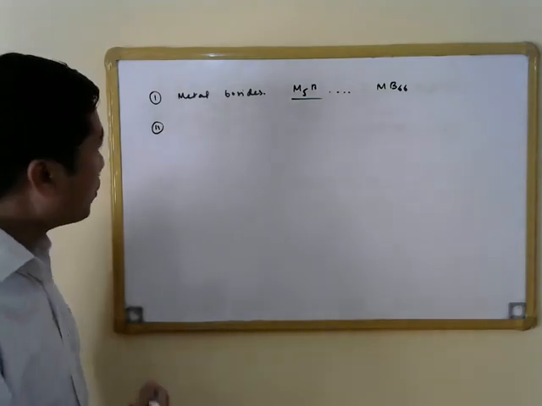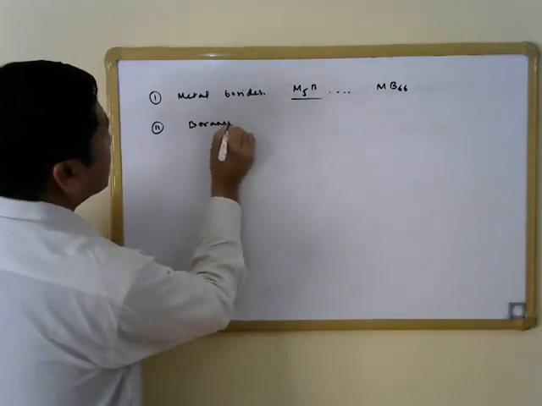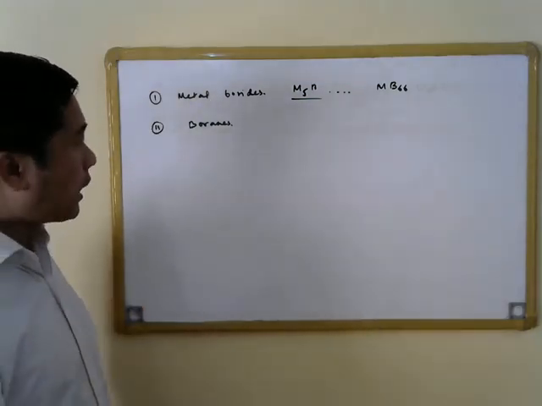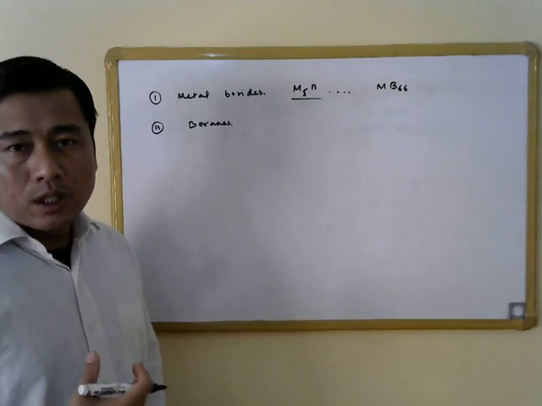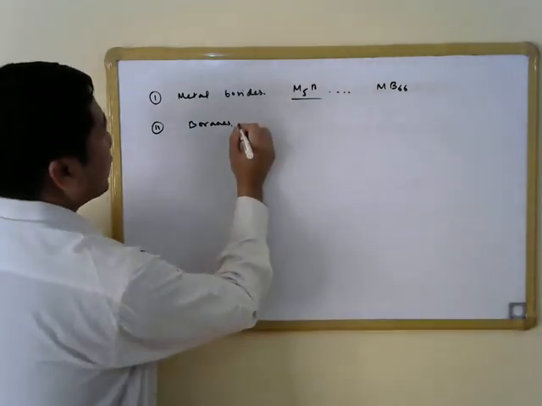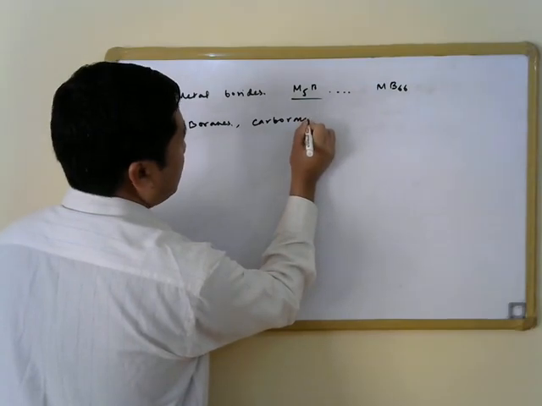These are called boranes. Boranes are compounds of boron with hydrogen, and we can also include carbon in these compounds. Then we call them carboranes.